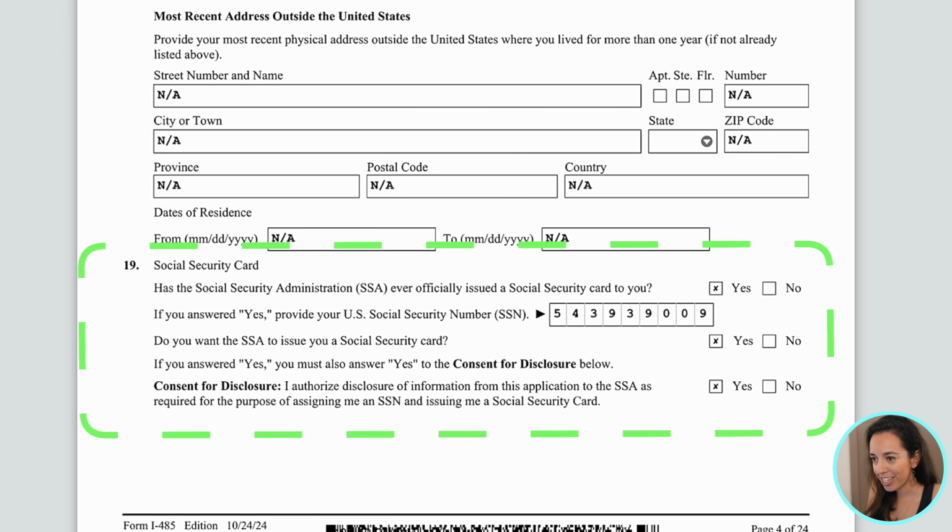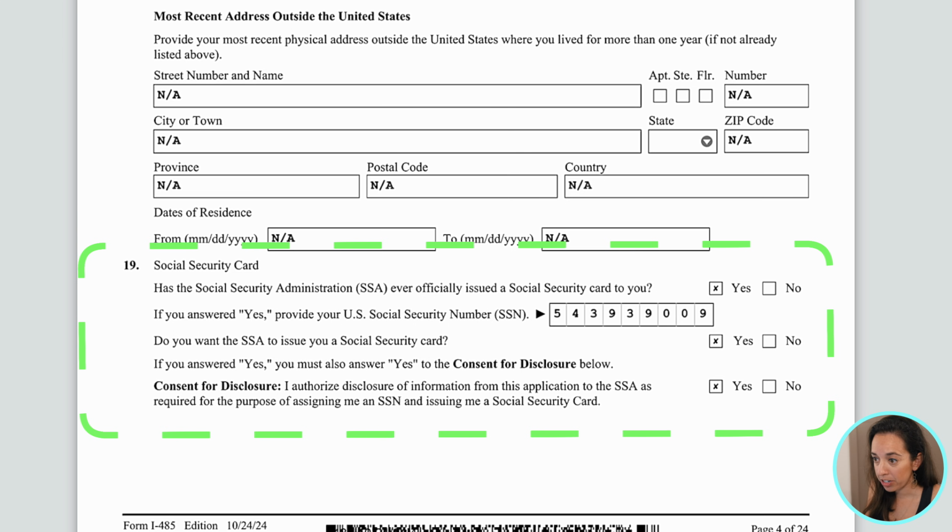The next question asks, do you want the Social Security Administration to issue you a Social Security card? And we checked yes. So what they do is issue you a new Social Security card. His previous Social Security card had the words "not authorized for employment" on it.